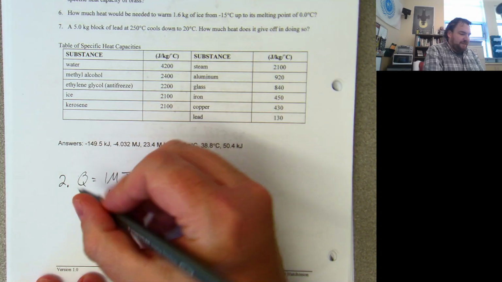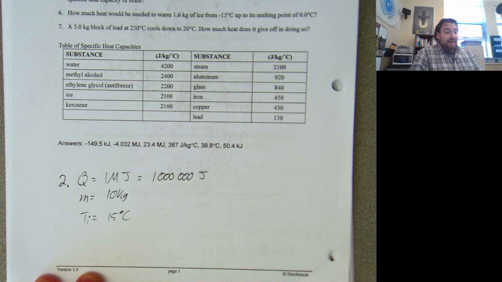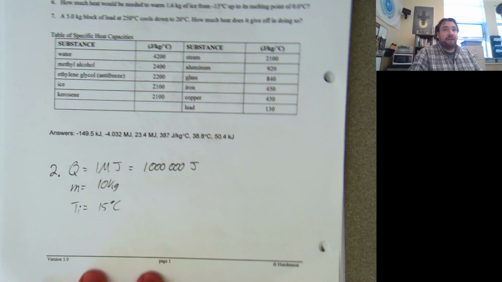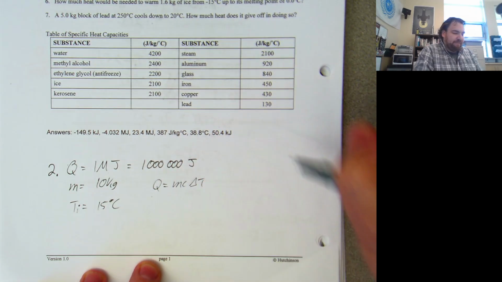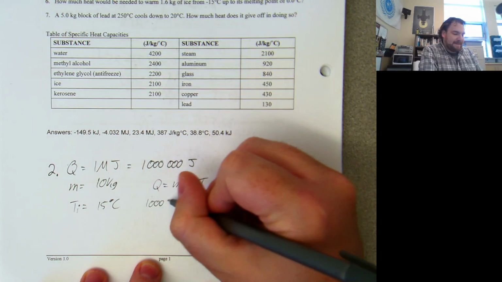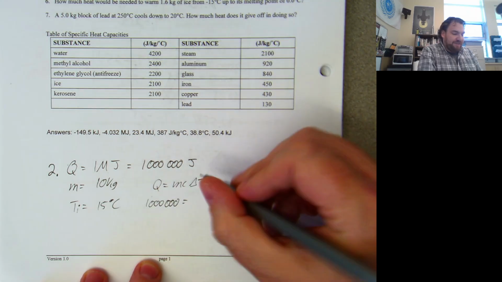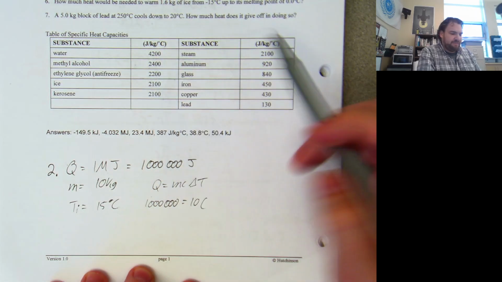The water is at 15 degrees. That's your initial temperature, 15 degrees Celsius. And we want to know what the final temperature is going to be. So we're going to use Q equals mc delta T. So 1 million is going to equal 10. The C value of water is 4,200.